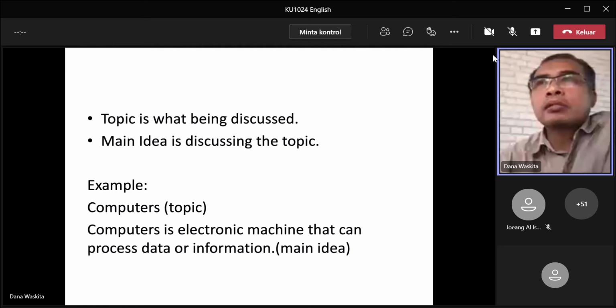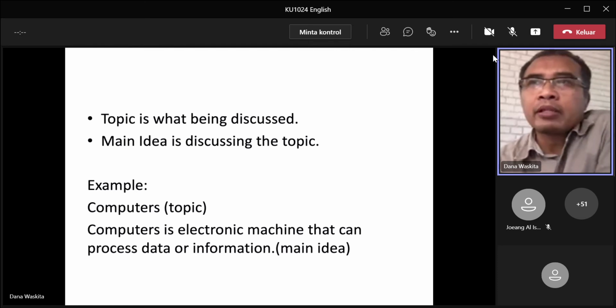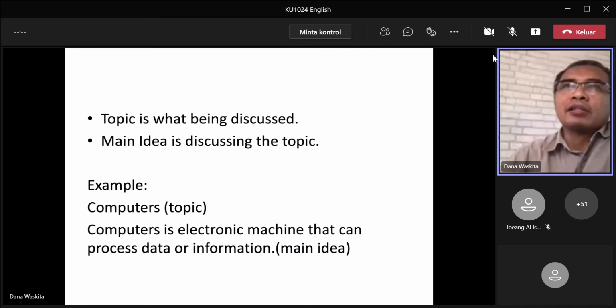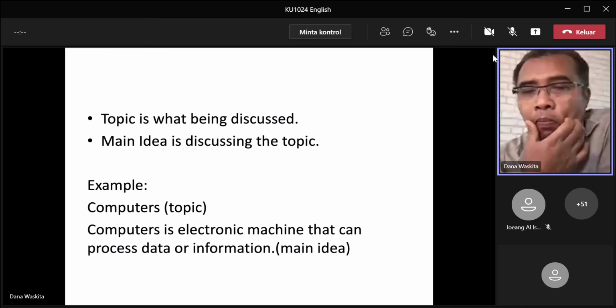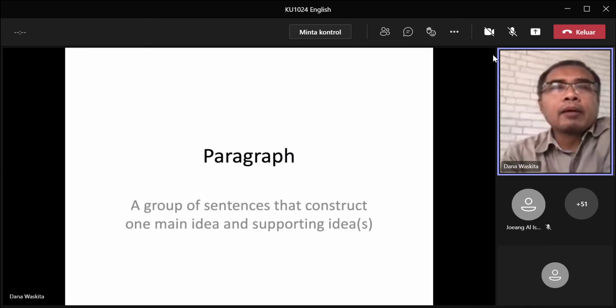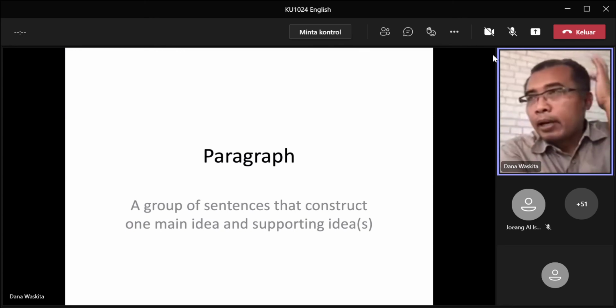So you know that the main idea is the idea or the statement, right? It's not only a sentence, it's a statement that tells us about the topic. So we can find that a paragraph is a group of sentences that construct one main idea.